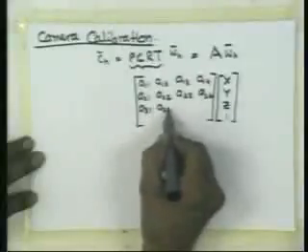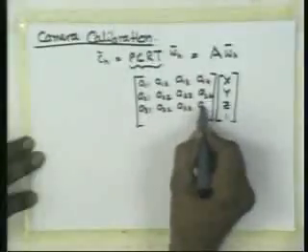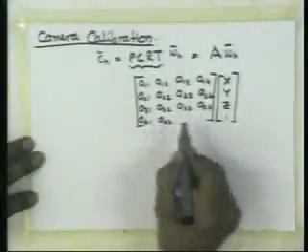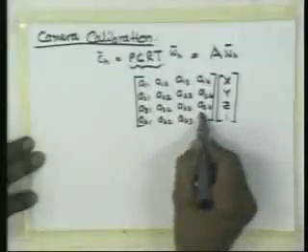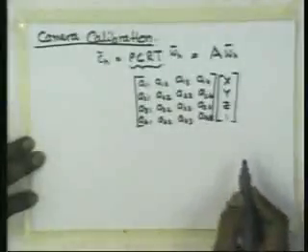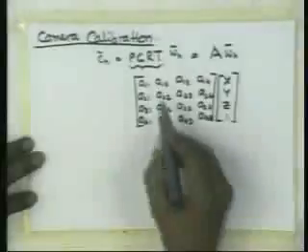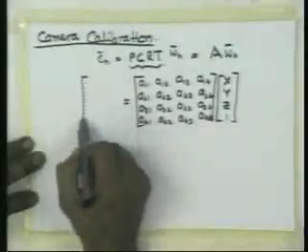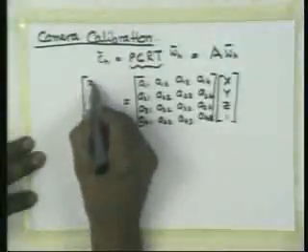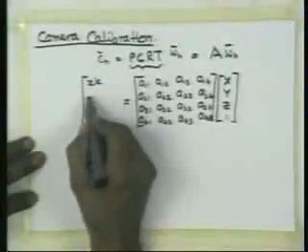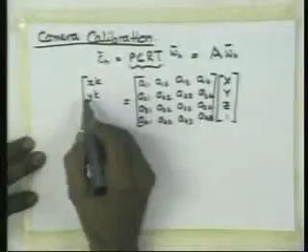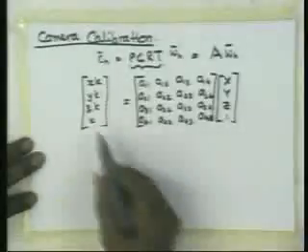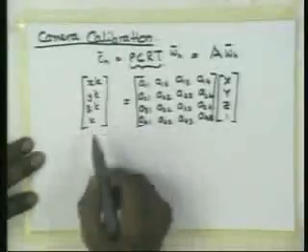A31, A32, A33, A34, and finally A41, A42, A43, A44. I've got these 16 elements in this matrix. This is multiplied, and what I will get from this product is essentially some x times k, some y times k, some z times k, and k, which will correspond to the camera coordinates.